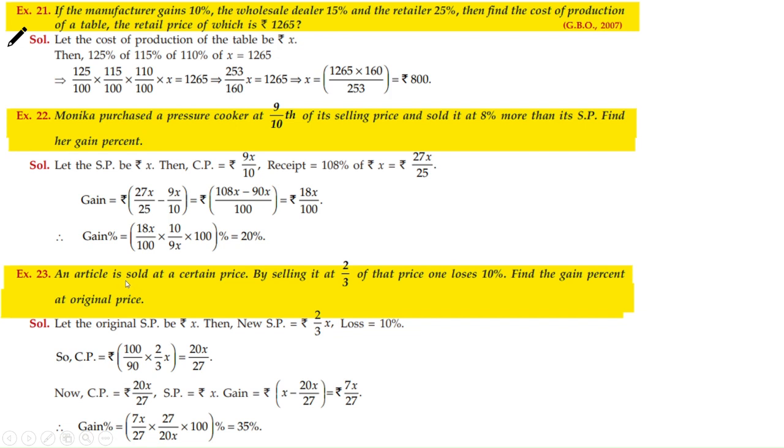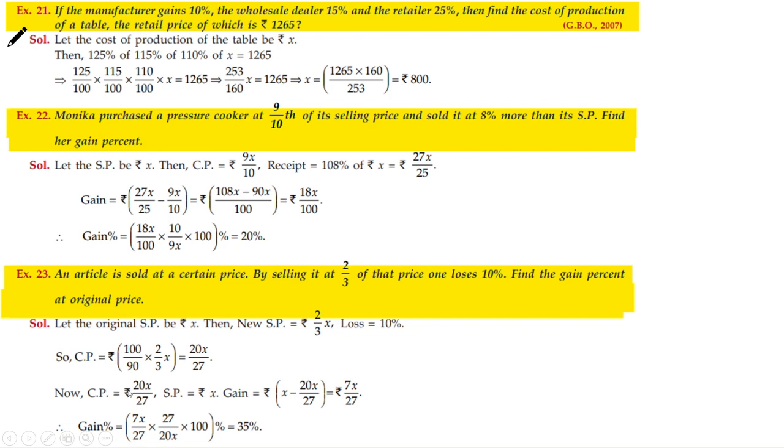An article is sold at a certain price. By selling it at 2 by 3 of that price, one loses 10%. Find the gain percent at the original price. Let the original selling price be rupees x, then new selling price equals 2 by 3 of x, loss equals 10%, then the cost price equals 100 by 90 into 2 by 3x, which equals 20x by 27. Cost price equals rupees 20x by 27.